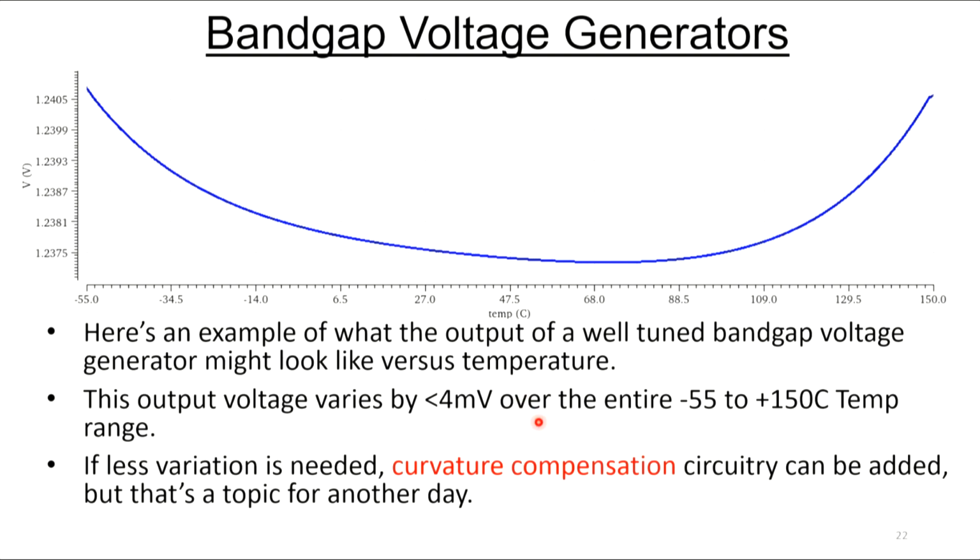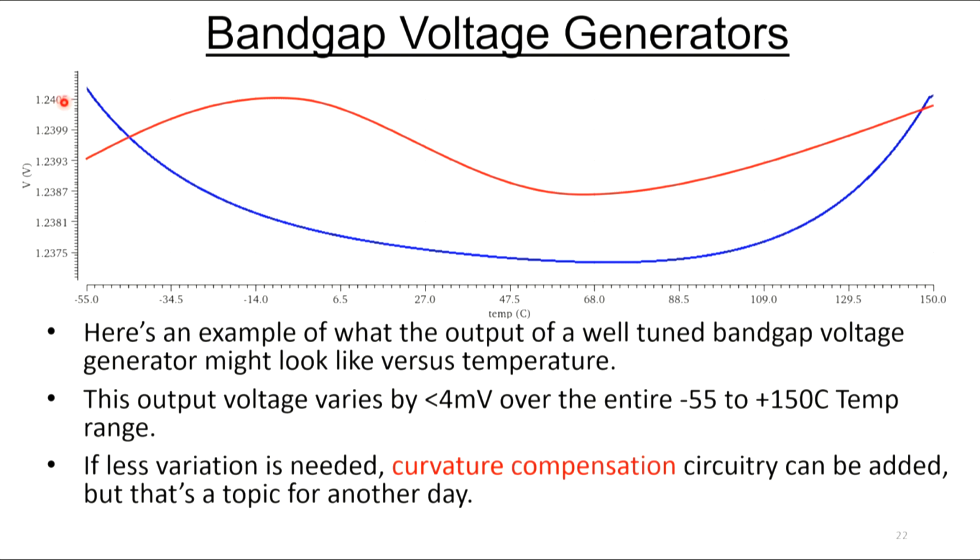Sometimes you need better than that. And I'm not going to talk about how to do that, but I'm going to demonstrate what you would do if you needed more accuracy than, say, 4 millivolts over this full temperature range. And this is called curvature compensation. This is not simulated. I just drew this curve in here. But what curvature compensation does is it comes in here and it puts a kink in the curve.